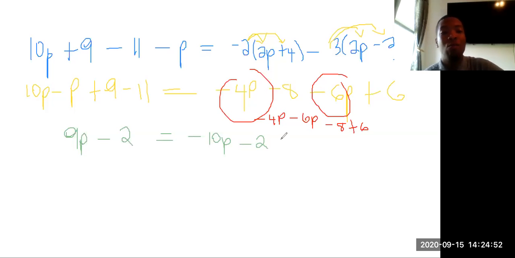Now I could start moving things on each side. So since I'm trying to find p, I need to get all the p's on one side and everything else on the other side. So I have 9p. So I'm going to try and bring this negative 10p over here. In order for me to do that, I need to do the additive inverse and make this a plus 10p.